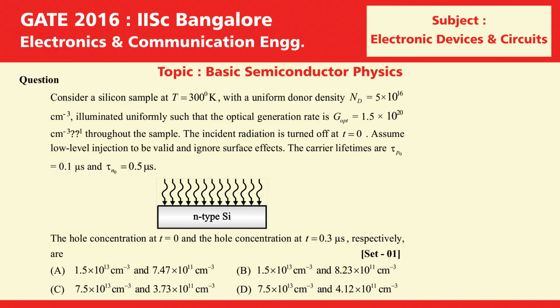Option B is 1.5 into 10 to the power 13 per centimeter cube and 8.23 into 10 to the power 11 per centimeter cube. Option C is 7.5 into 10 to the power 13 per centimeter cube and 3.73 into 10 to the power 11 per centimeter cube. And option D is 7.5 into 10 to the power 13 per centimeter cube and 4.12 into 10 to the power 11 per centimeter cube.